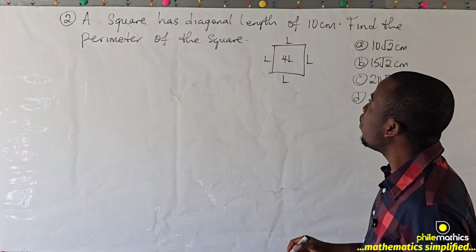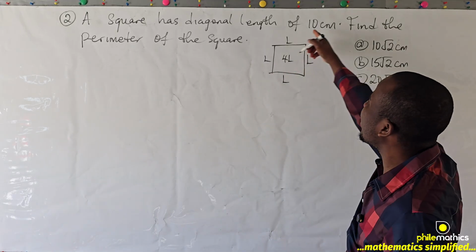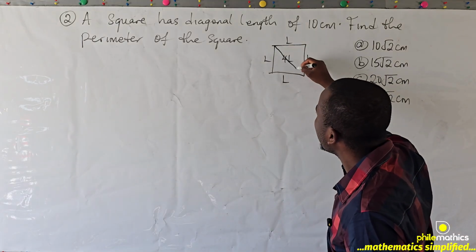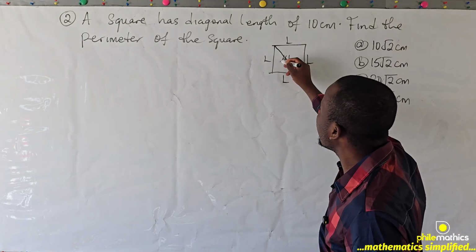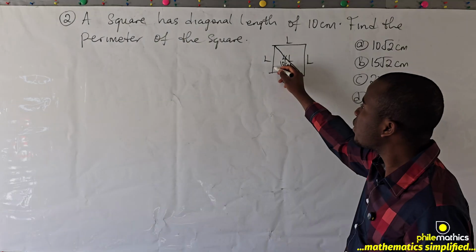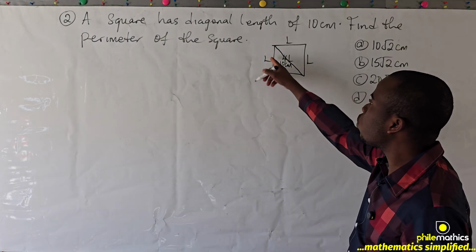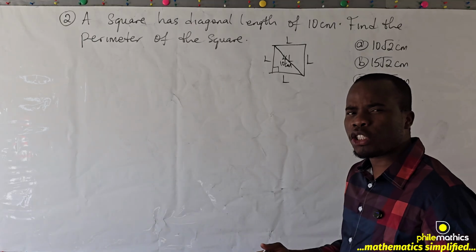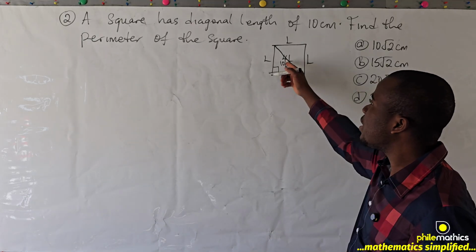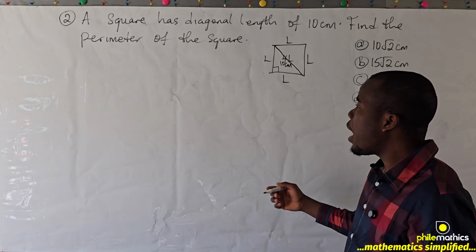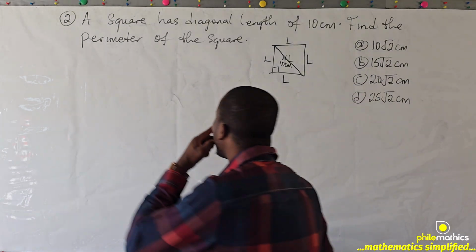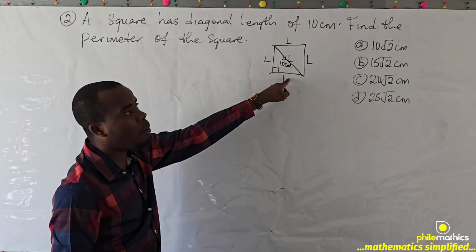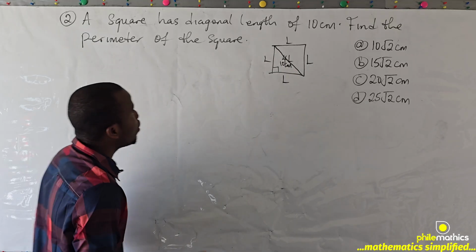That's the length. But we are given that the diagonal length is 10 cm. This is 10 cm. We know that this angle is 90 degrees. For us to get this length and this length, we can use Pythagoras theorem, since this is a right angle triangle. And you know from Pythagoras theorem that this square plus this square should give this diagonal square.